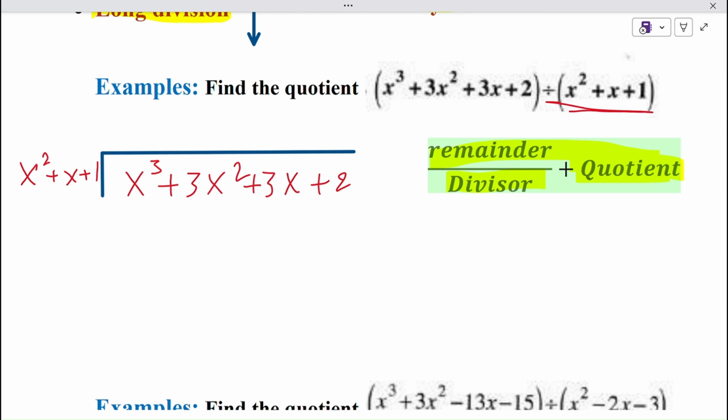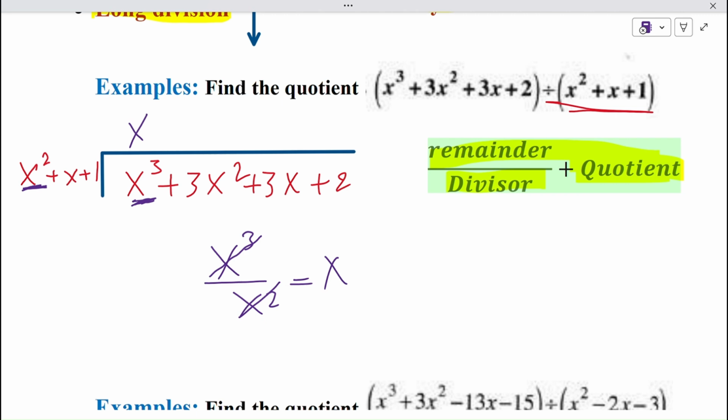At the first, here we have x to the power 3 and x to the power 2. Just divide the first term by the first term of this polynomial. X to the power 3 divided by x to the power 2, with 2 of these x cancelled, is equal to x.